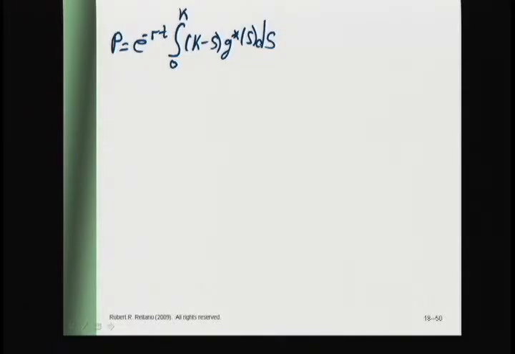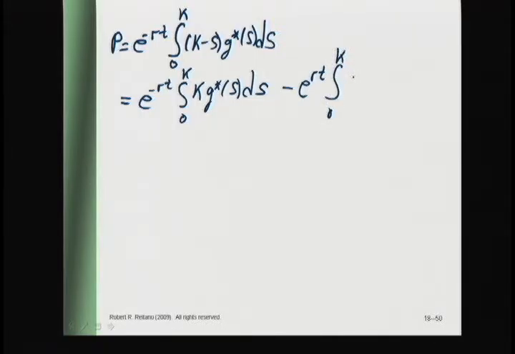So I can again write this with the present value factor of e to the minus rT. I can split the integral as the integral from 0 to K of K, and then minus the integral from 0 to K of S. What I see here is I can factor the K out.